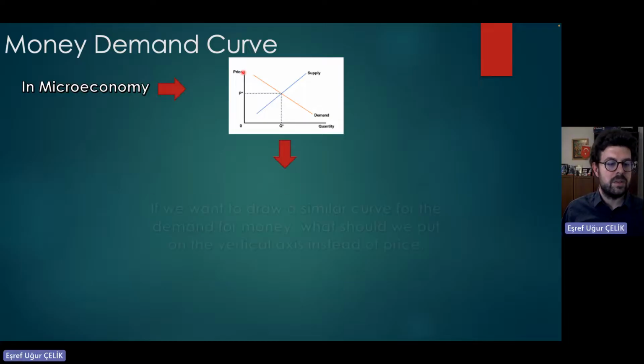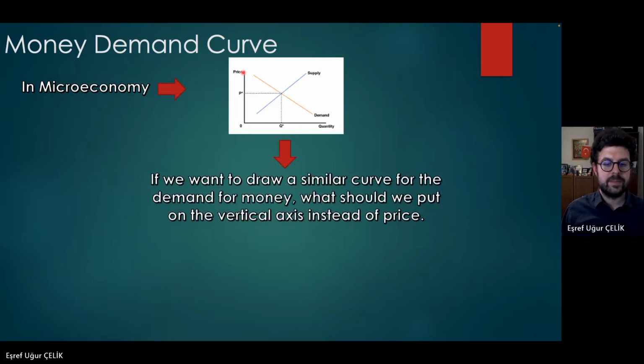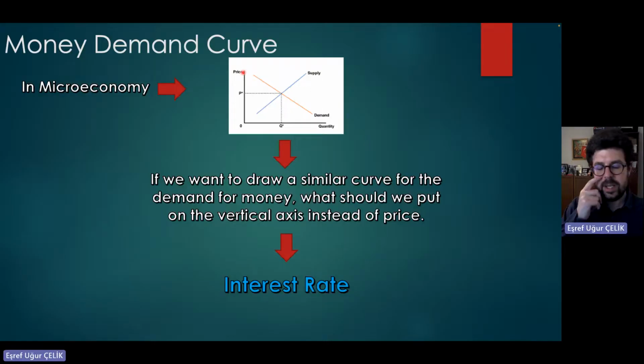Let's come to our part. On the vertical axis, this time we cannot use price. For using that money, we can put interest for the vertical line, or interest rate.